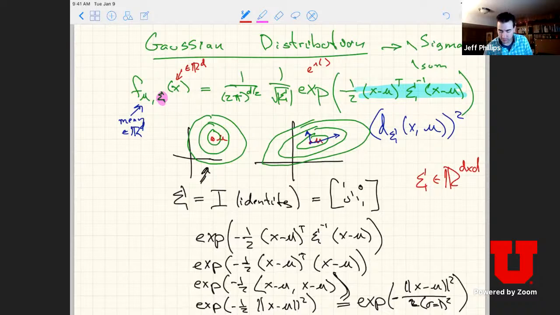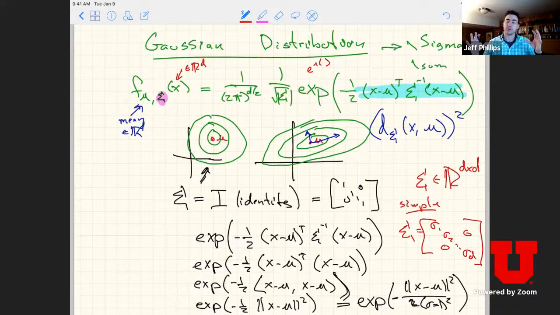So the simple version is that sigma is going to look like sigma 1, sigma 2, up to sigma d, all zeros off the diagonal. Those act like the eigenvalues or the singular values, and they tell me how much to scale each of these directions.